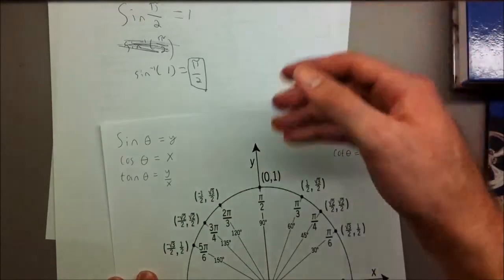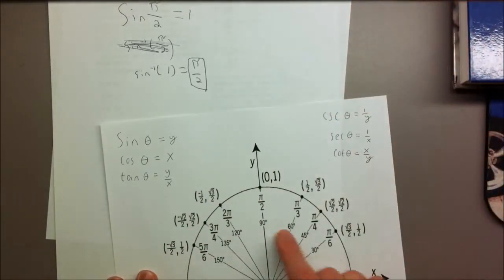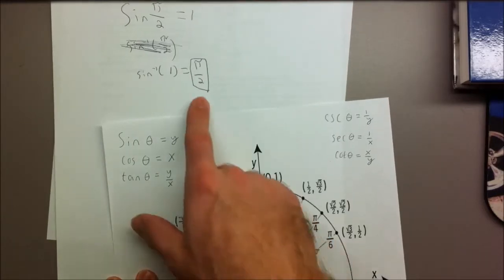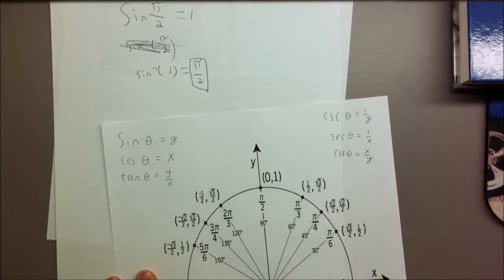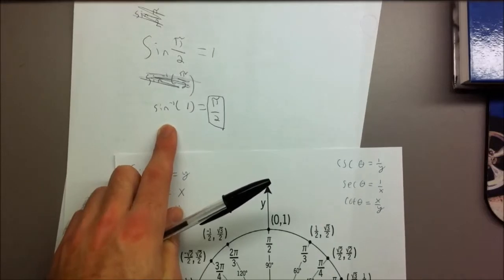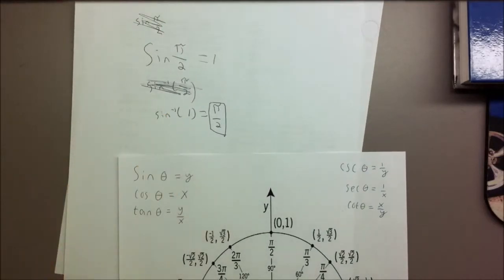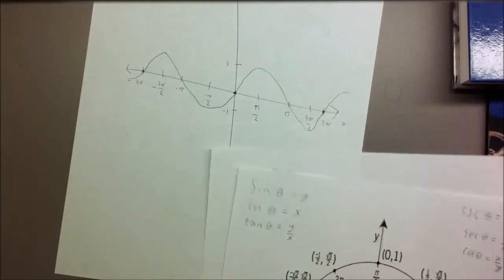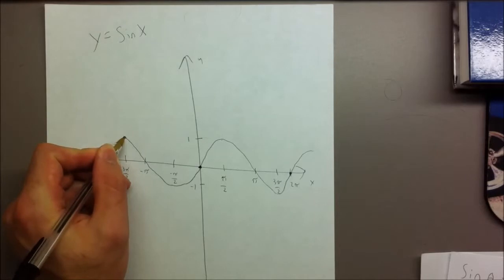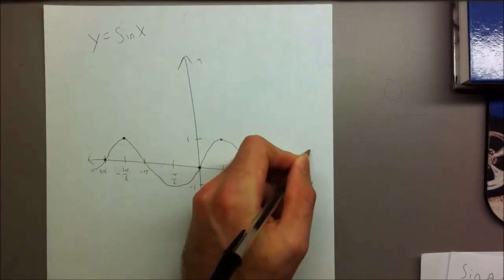The reason why, it looks like it makes sense at first, you go to pi over 2, the sine of pi over 2 is 1, but if I ask where is sine equal to 1, there's actually infinitely many places where it is equal to 1. So let's look back at this graph here. On this graph, where does sine equal 1? Well, it equals 1 here, here.